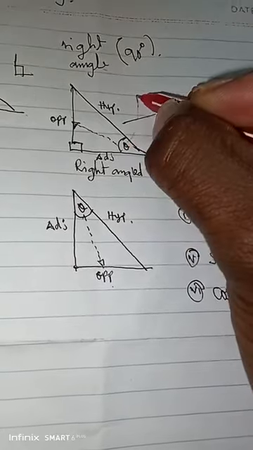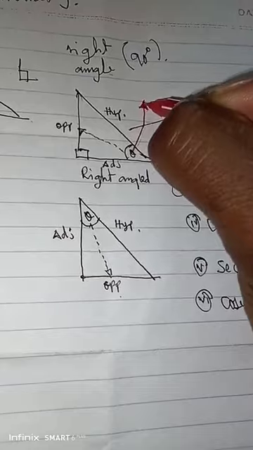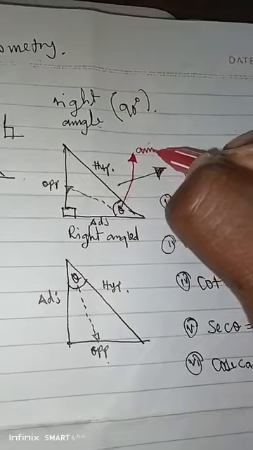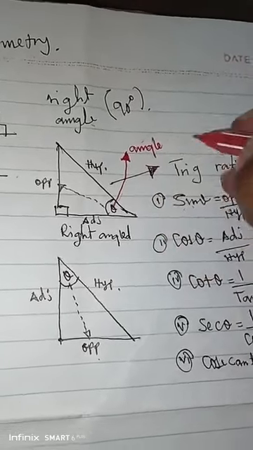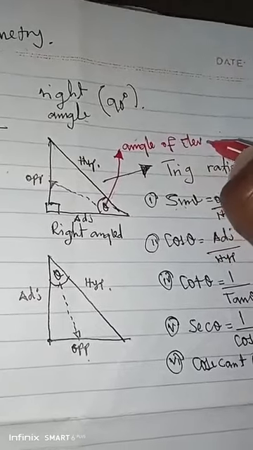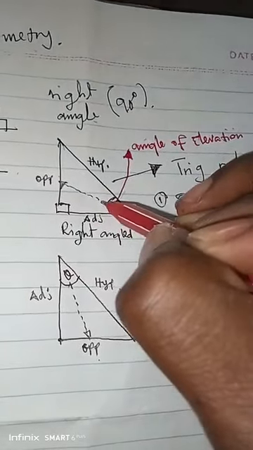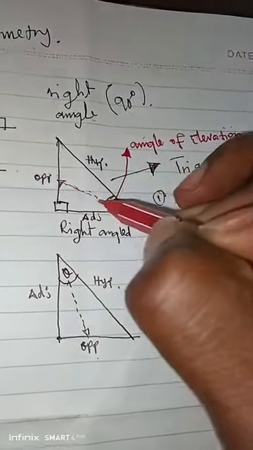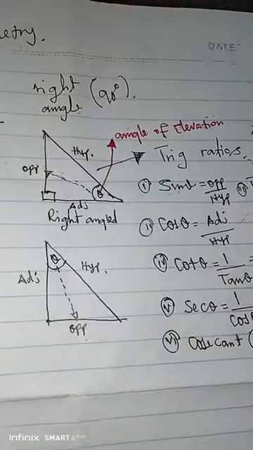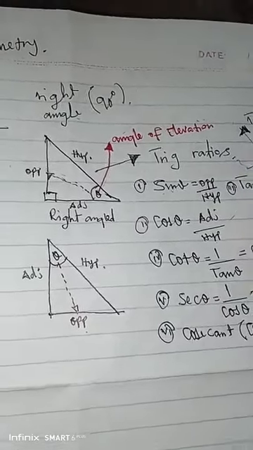If your angle is lying down there, we call this angle the angle of elevation, because it's like looking up. Think of it as an eye looking up there. So to elevate.